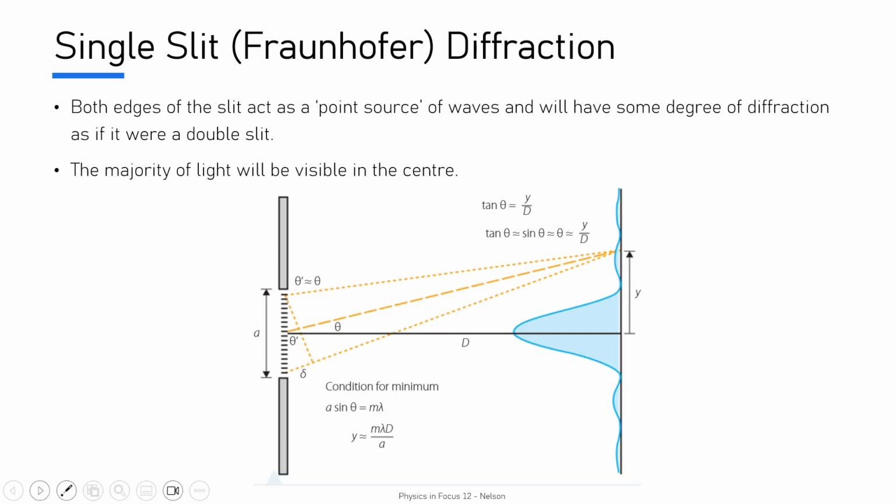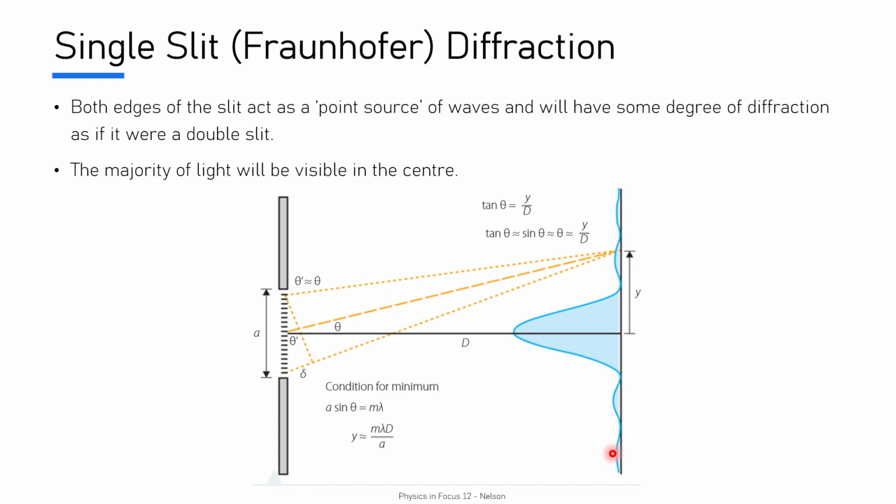There are some other diffraction scenarios that we can look at as well. Maybe you've got a large single slit instead. What will generally happen is that there will be some degree of diffraction around the edges, but most light will end up congregating around the center. But you will still get some sort of splitting pattern, again, like we saw in the double slit experiment.